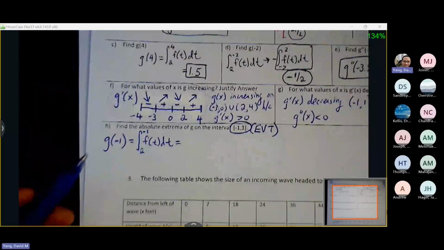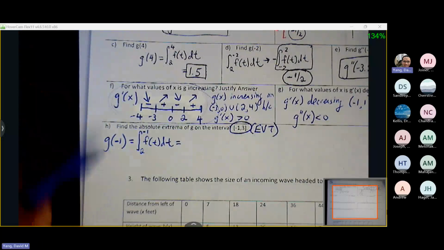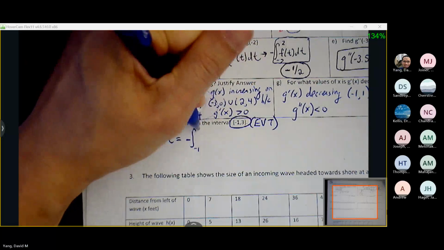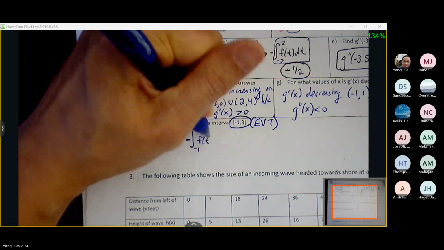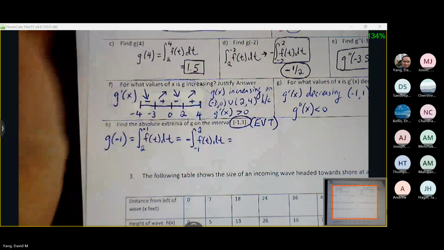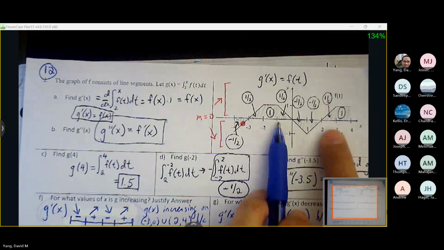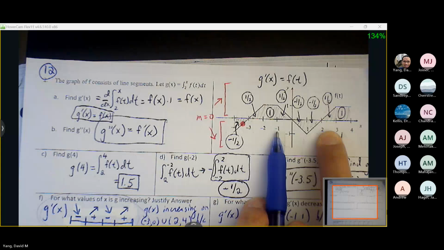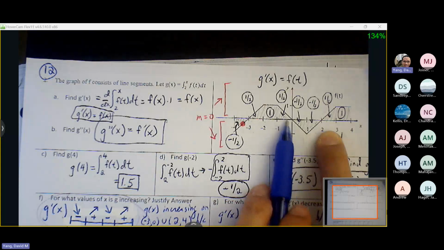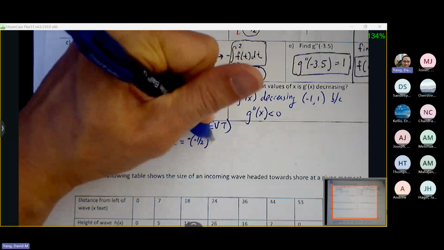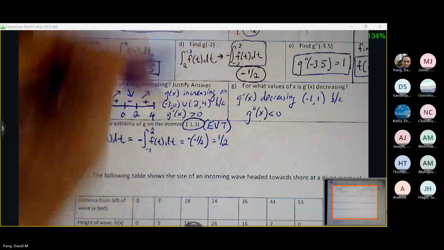Again, I would like to read my graph from left to right, so I'm going to change the bounds. So -1 to 2. 1/2 minus 1/2 is 0. 0 minus 1/2 is -1/2. So negative of -1/2 would be +1/2.